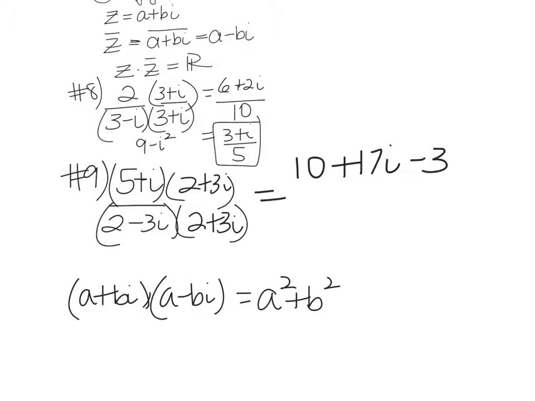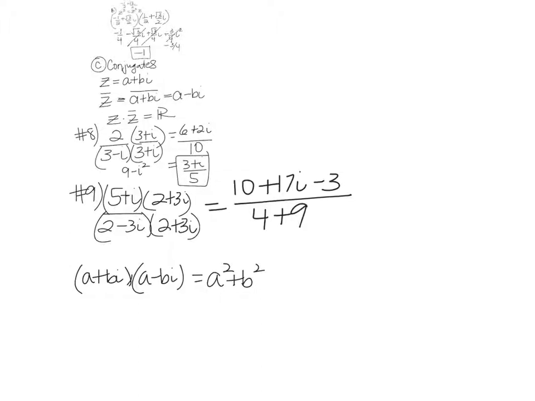It's a little shortcut if you're getting pretty good at it. Okay, on the bottom, I'm going to square a, and square b, and add them up. So my answer would then be 10 minus 3 is 7, plus 17i over 13.